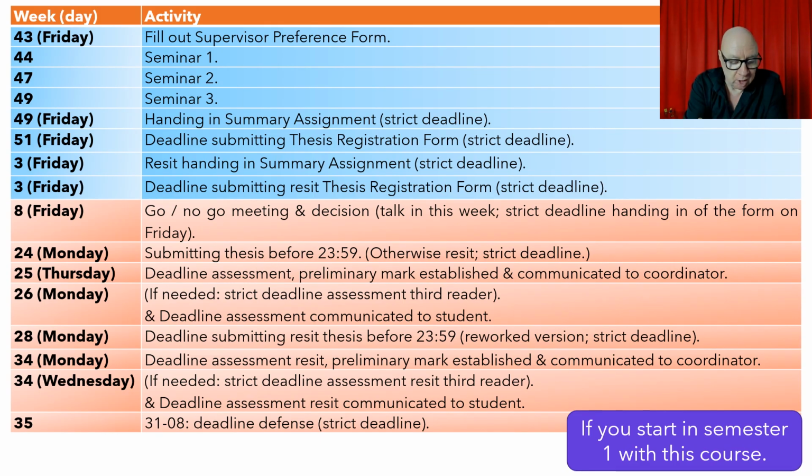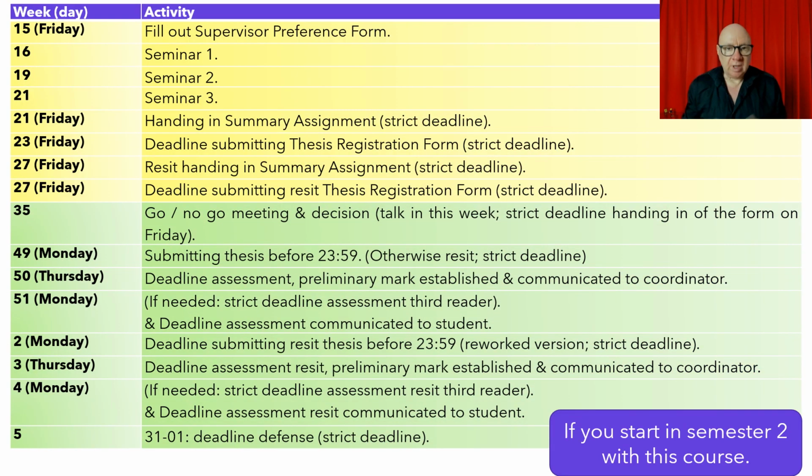So make sure that you make arrangements before the 31st of August. If you start in block 4, the schedule is basically the same. The dates are a little different, so you'll find them posted on Canvas. Of course, the deadline has to be before the 31st of January then. But basically the entire procedure is the same, of course.